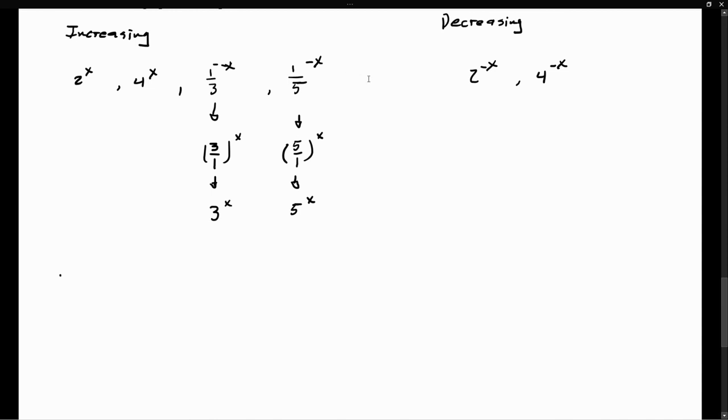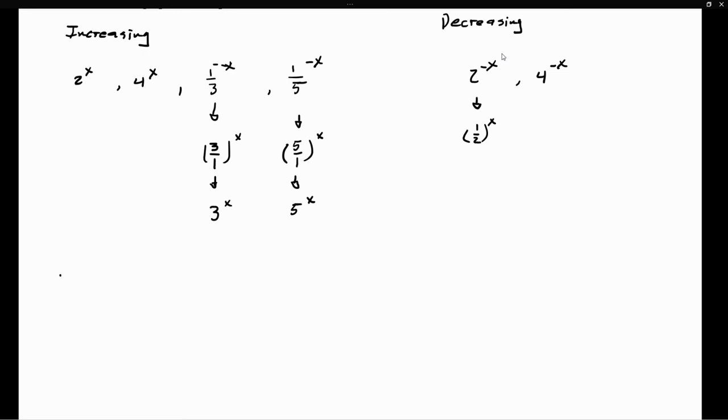But the same ideas can apply to those that are decreasing. Notice that we have this function with a negative exponent, and we try to write it as a positive exponent. Same idea. Let's take a look at the base and find the reciprocal. The reciprocal of 2 is 1/2 with the positive exponent. So now we're graphing 1/2 to the positive x.